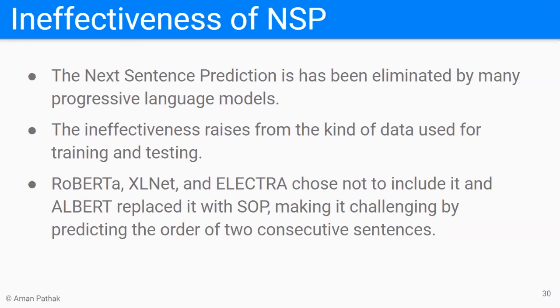So the model might excel in the next sentence prediction task without even learning much about the semantical relationship in the sentence. As a result, the new generation of models from BERT, that is RoBERTa, XLNet, and ELECTRA, have chosen not to include it, and ALBERT replaces it with sentence order prediction, which improves the negative class, as the sentences are taken from the same document and the sentence order has to be predicted.